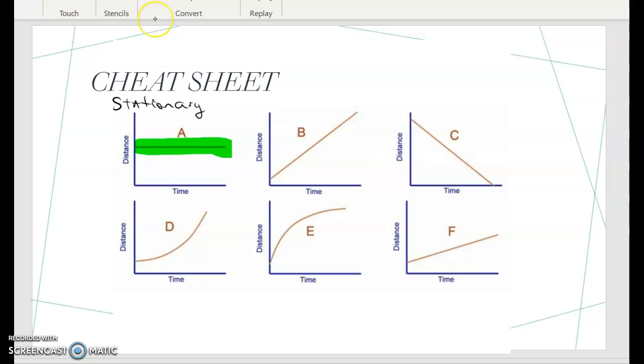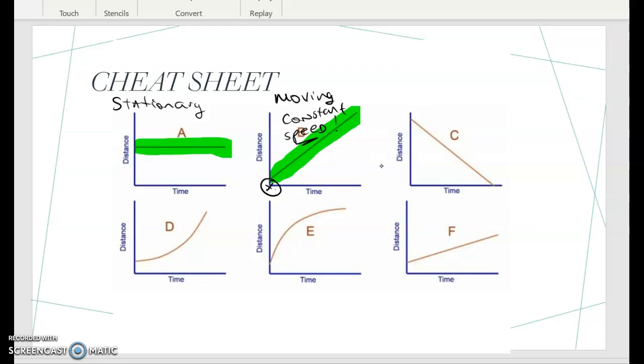If, on the other hand, the line is coming up like this, what this means is that it's moving at a constant speed. So constant speed, that could be like 5 meters per second, 10 meters per second, and it's positive, which means it's moving away from the start point.